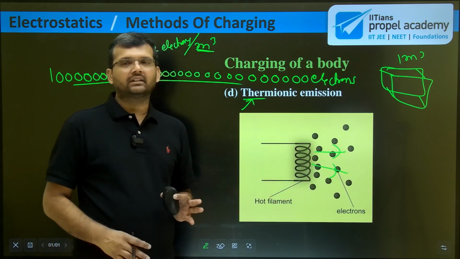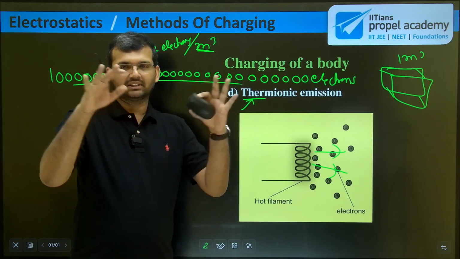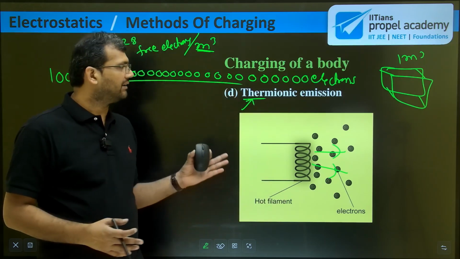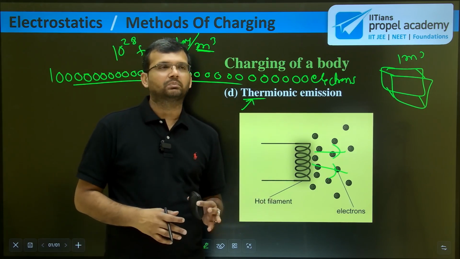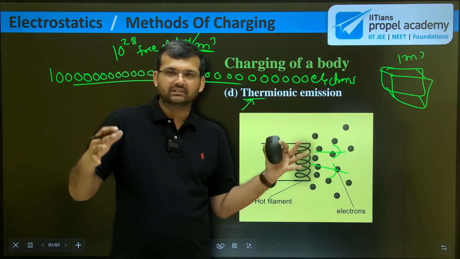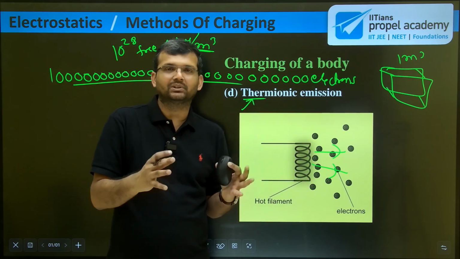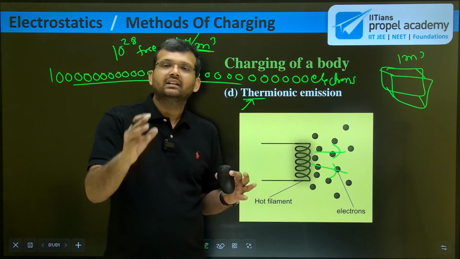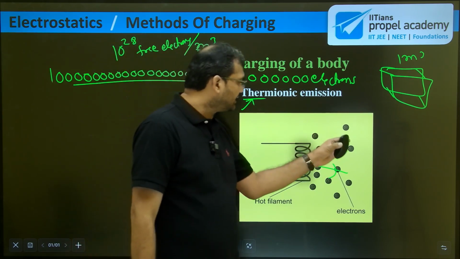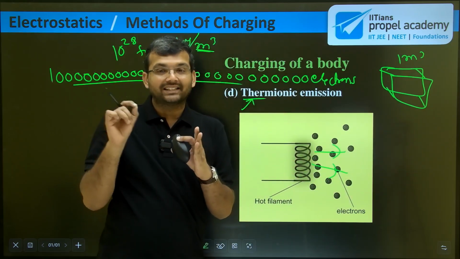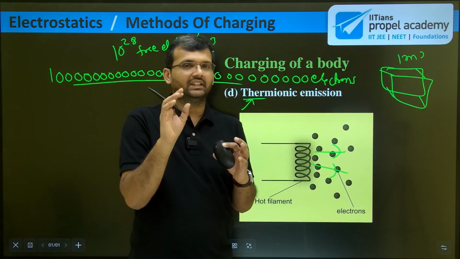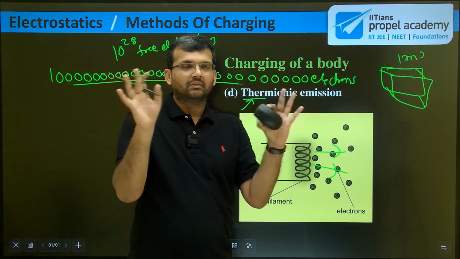Long back, we had these dabba TVs; nowadays we have LED TVs and so on. When you were a small kid, you might have observed the dabba TVs, dabba PC screens. There they used to have a stream of electrons which fall on a screen and give you scintillations. That's how you get the bright screen.